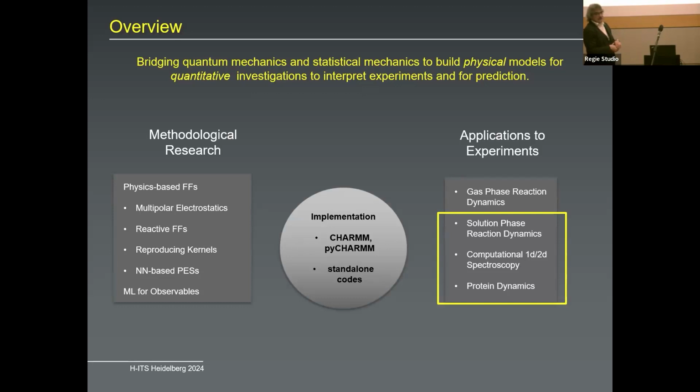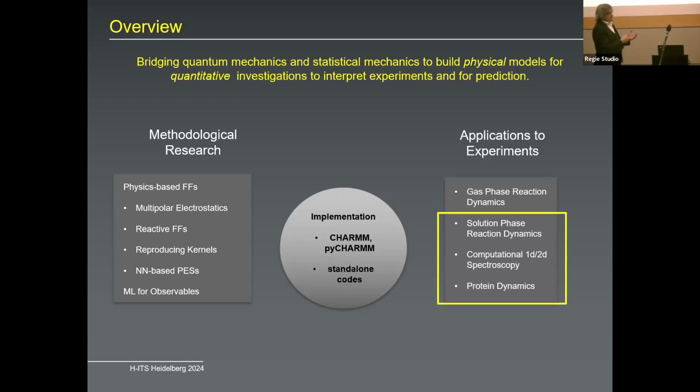And then most of the time at the moment, we work on reactive force fields of different kinds of flavors, based often on machine learning, but not entirely. Sometimes we also use more conventional empirical force fields to do things more rapidly, as you will see.